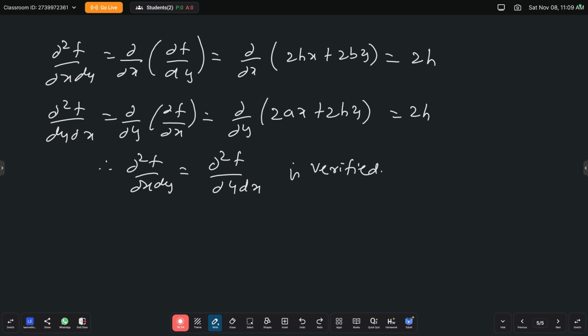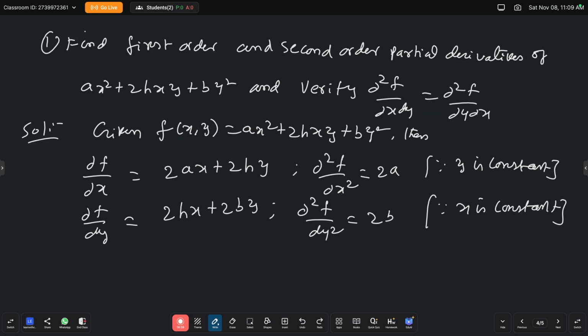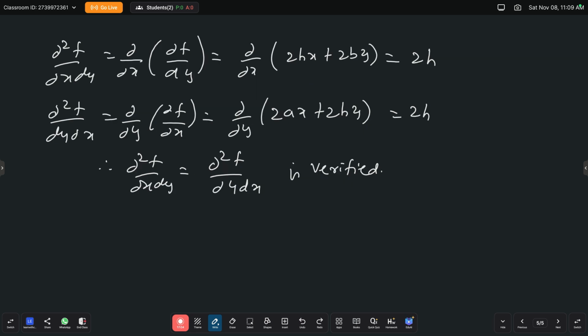This is the given function of two variables x, y: ax² + 2hxy + by². We found the first order and second order partial derivatives, and also verified that ∂²f/∂x∂y equals ∂²f/∂y∂x. For ∂f/∂x, y is a constant; for ∂f/∂y, x is a constant. Then we find the second order derivatives, and both are the same.